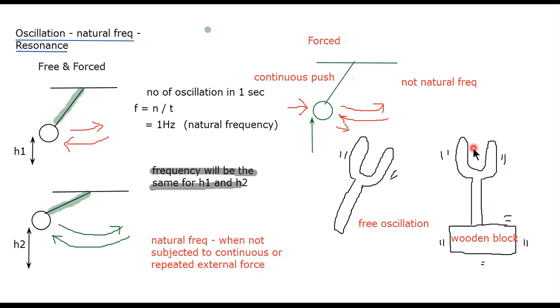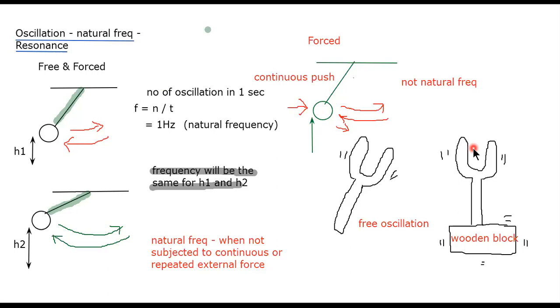If you just pluck the string without the guitar's body, you can't hear much, just a very small sound. The string needs the guitar's body, because as the string vibrates, it will cause the guitar's body to vibrate also, and that is also forced oscillation.